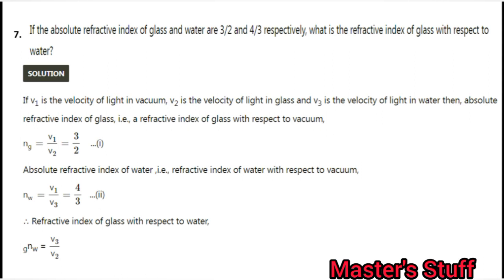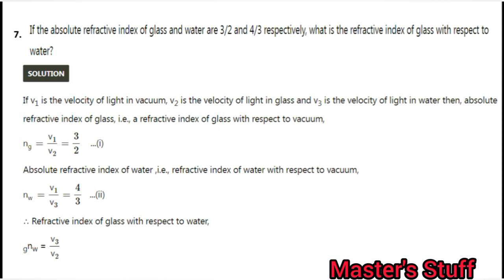Solution: if V1 is the velocity of light in vacuum, V2 is the velocity of light in glass and V3 is the velocity of light in water, the absolute refractive index of glass, that is the refractive index of glass with respect to vacuum, Ng is equal to V1 upon V2, and it's given as 3/2. The absolute refractive index of water, Nw, is equal to V1 upon V3, also given as 4/3.